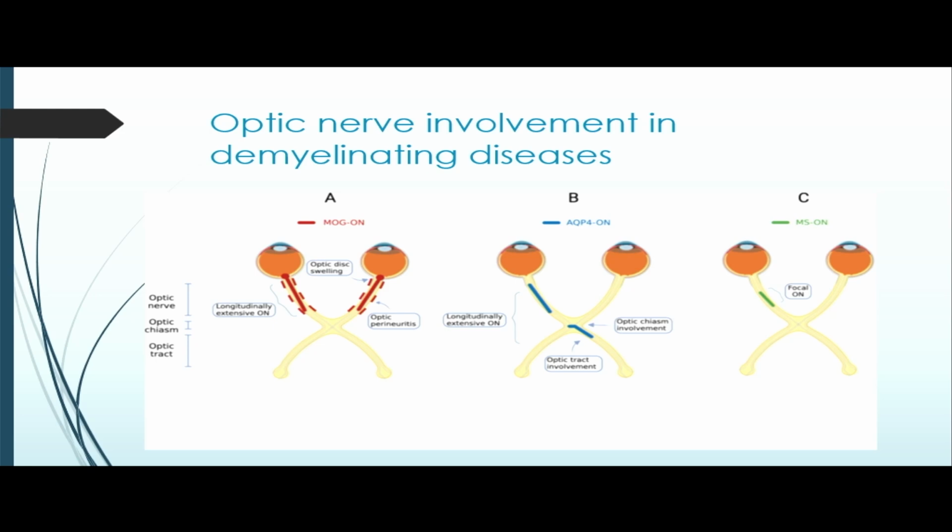So all three have different treatment and different prognosis. MS needs lifelong treatment, NMO has a different treatment as compared to MS but requires prolonged monitoring, while MOG recovers easily, and sometimes there is near complete recovery.